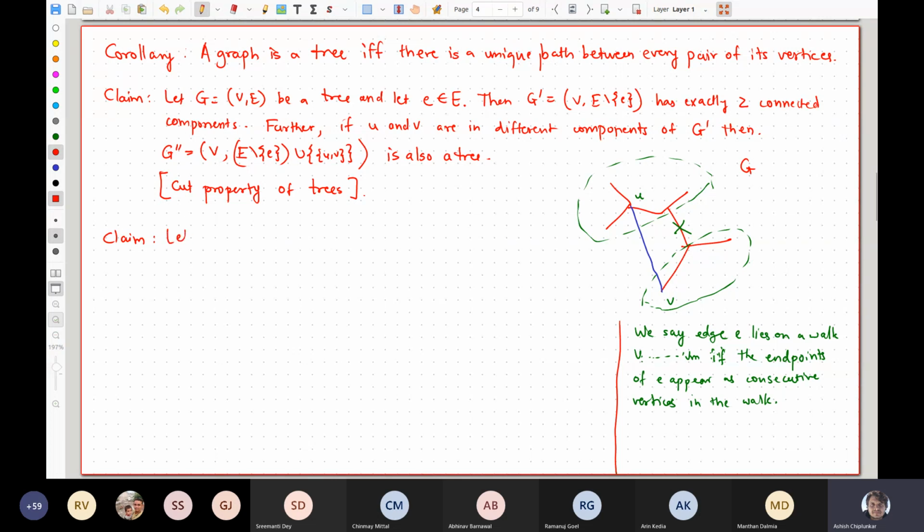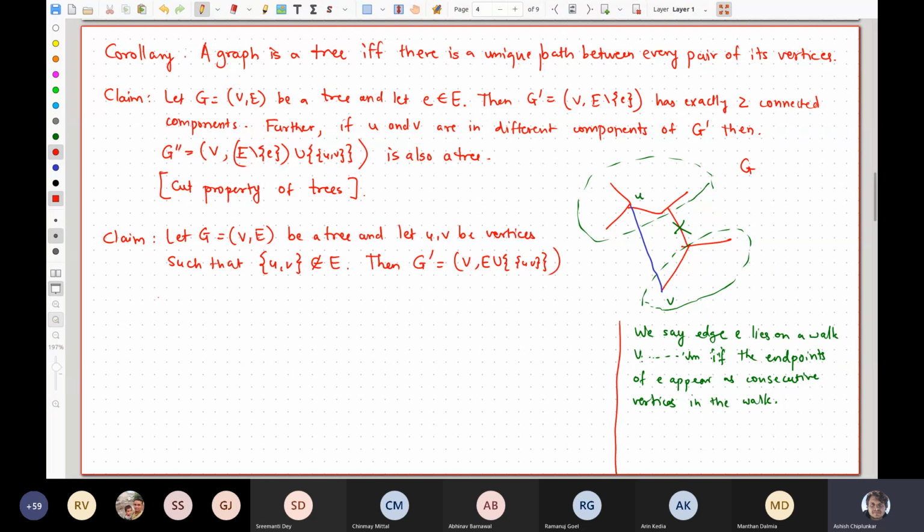So the claim is the following: let G = (V, E) be a tree, and let u, v be vertices such that uv is not an edge in G. Then G' = (V, E ∪ {uv}) contains exactly one cycle, okay, up to order of traversing. I'll explain what I mean by this.